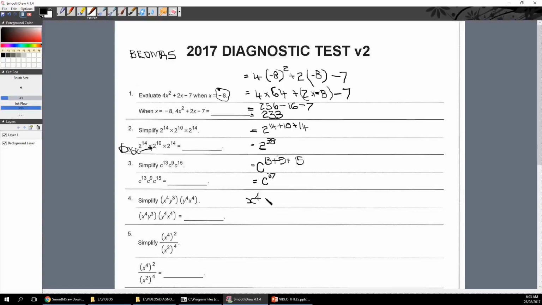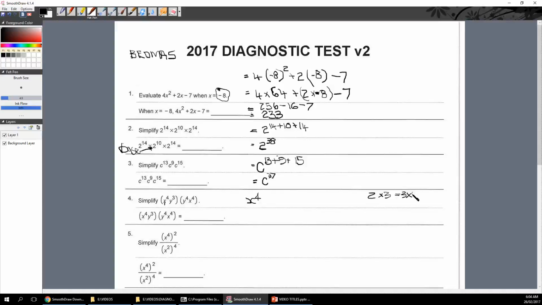So I've got x to the 4th there, I'm going to put that one first. And when we multiply things, as we know, 2 times 3 is 6, but it equals 3 times 2 as well.